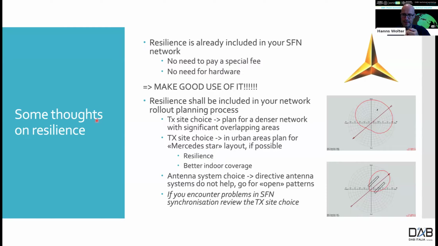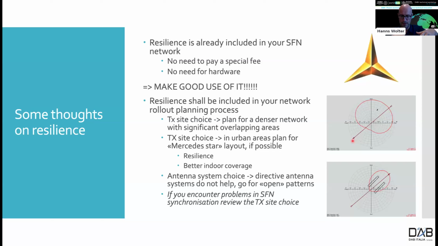When you choose antenna systems, go for open patterns. So what we've seen is to have very simple systems, like the one here above with dipoles, etc. Usually spread the signal far and uniform around the coverage area.